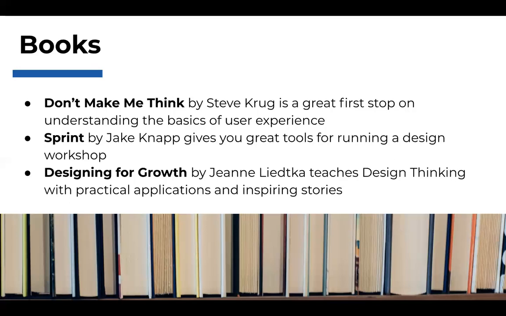And then Designing for Growth is another really great book around the design thinking methodology, how different companies have applied it, and a lot of really great tools and practical knowledge that you can use in future projects. I think most of these are $20 or under, or they might even be available at your local library. So books are still a really great way to get some more information.